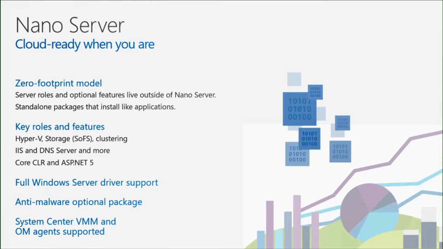When you start to see this, we want to be able to dynamically scale up very rapidly, and Nano Server is going to be the key technology to do this. By pre-installing all of these different components, these different agents, the Nano Server service can start quicker, and it's already protected and already hooked into the rest of your key infrastructure: your monitoring with Operations Manager, and your virtualization management with VMM.